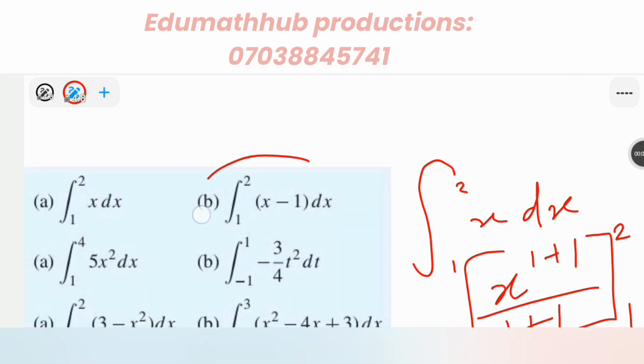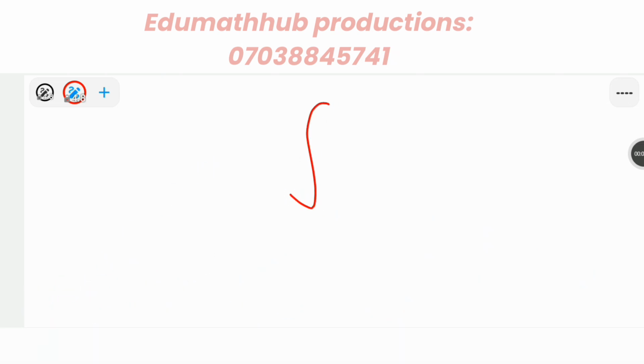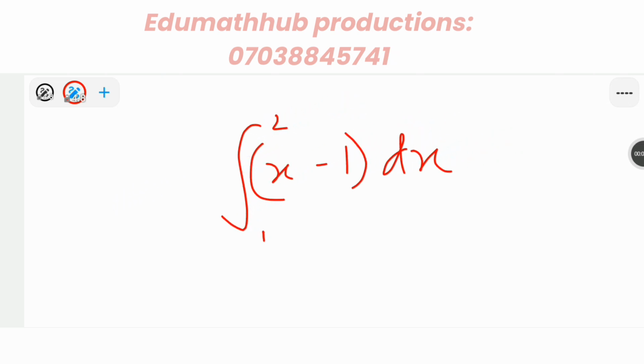For this second one here, you have to integrate x minus 1, including the limit from 1 to 2. So it will look like this: the integral of x minus 1 dx from 1 to 2. So first of all, integrate normally.